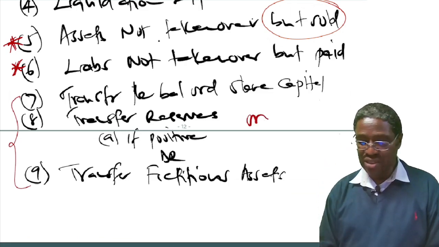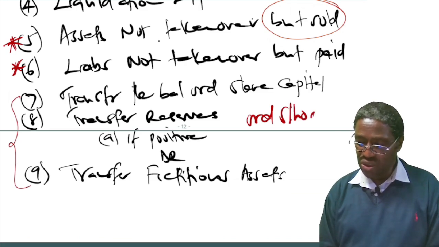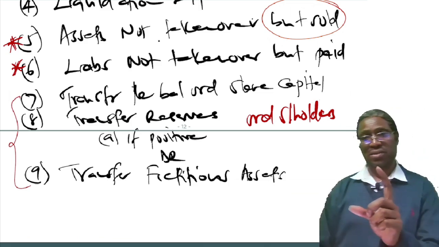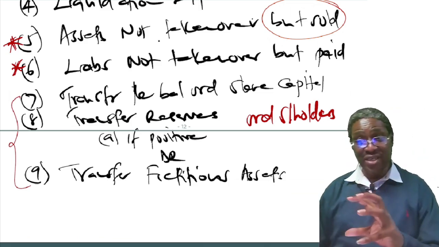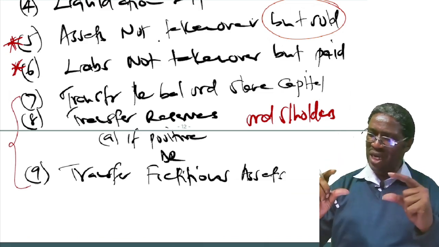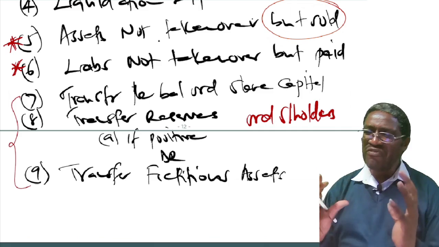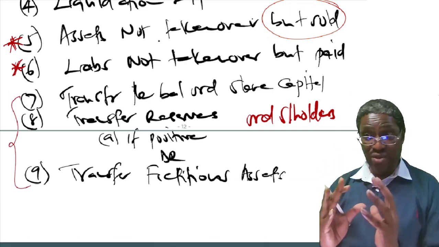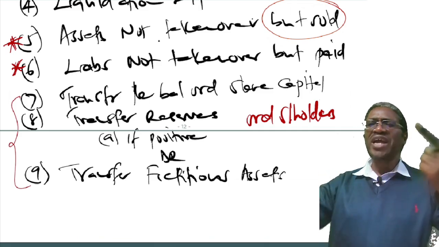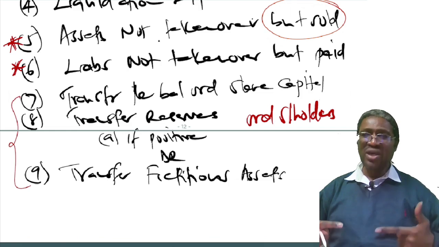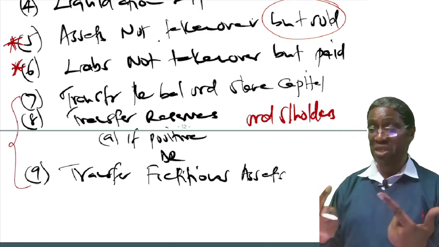They are things that belong to the ordinary shareholders. I was opening a liability account and transferring everything I owe to the ordinary shareholders to that account, so that when the time comes for me to pay them, I'm not going to pay them in piecemeal.